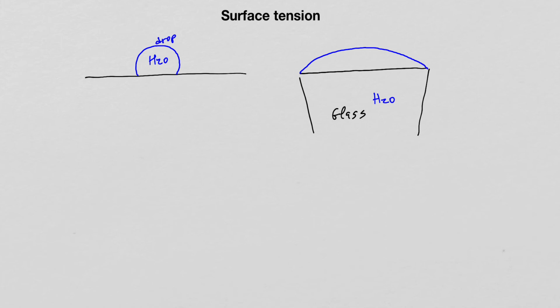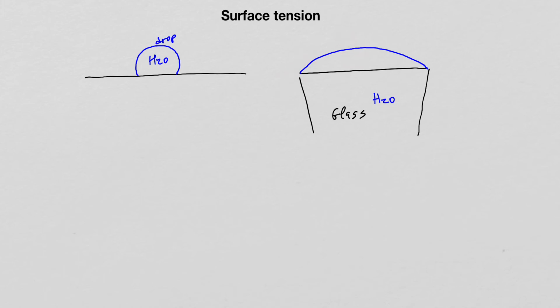Then the question is, why does the water assume this shape? Why does it not just flatten on the surface here or spill from the glass here? Of course, if you keep on adding water to the glass, eventually it will spill.